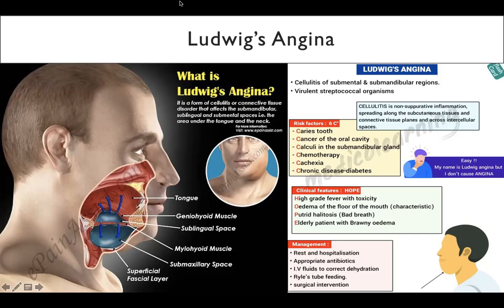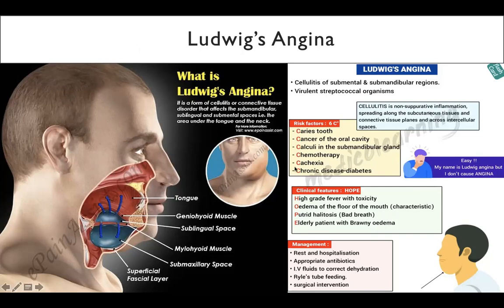What is cachexia? Anyone? Sir, muscle weakness. Cachexia is, yes, thinning, you have less muscle mass. Okay, kind of that. Good. It is wasting of muscle, sir. Loss of muscle mass.